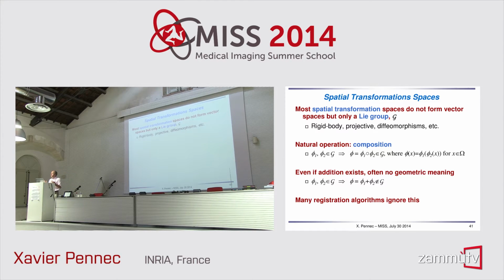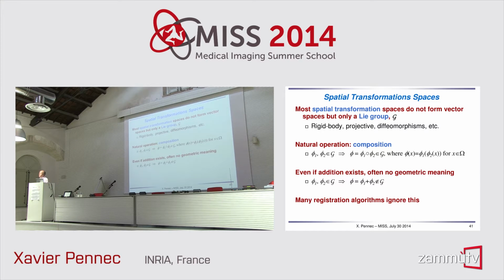But the key question is how to guarantee that we are not folding. So, okay, that's the natural operation we have in groups. We want to be able to compose deformations. And all the equations that I wrote before were gradient descent. So gradient descent is basically we are adding something to a current deformation.